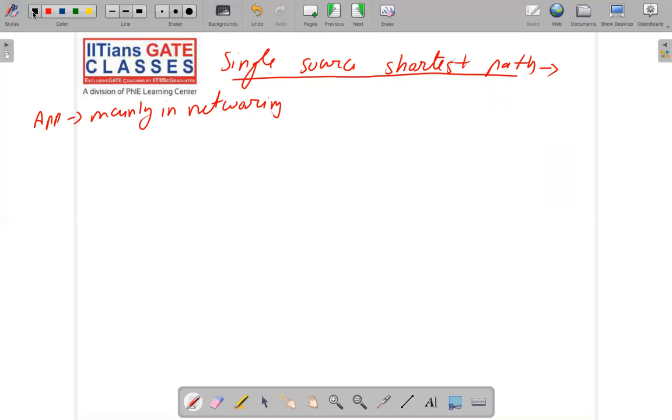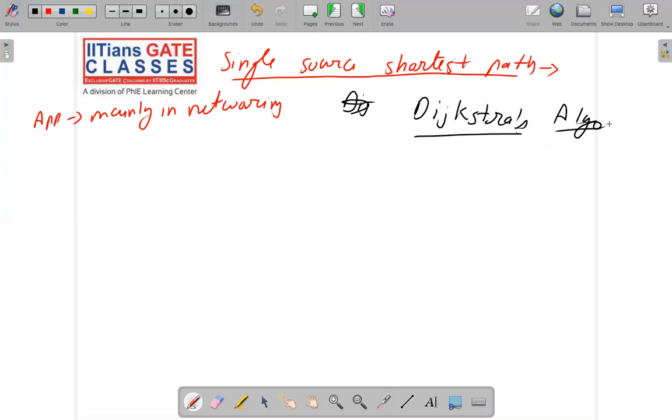Okay, let's try to draw a graph here. The graph is quite complicated, because to understand this algorithm, the algorithm is Dijkstra. Let me write the name here. D-I-J-K-S-T-R-A, Dijkstra's algo.